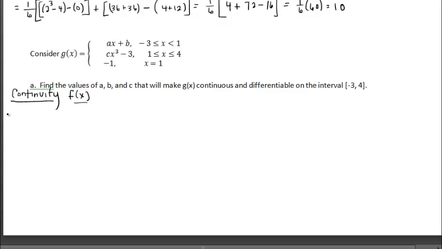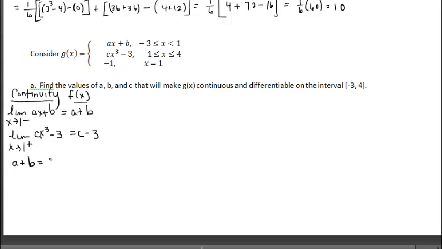I'm looking at the limit as x approaches 1 from the left of ax plus b: a plus b. Great, I don't have a number. The right-hand limit, cx cubed minus 3. Plug in 1, and we get c minus 3. If it's going to be continuous, then these two have to be equal.